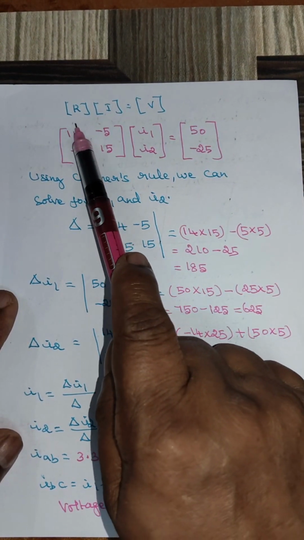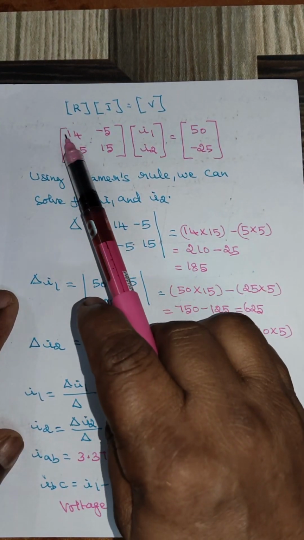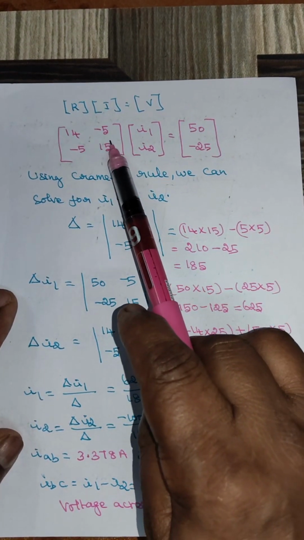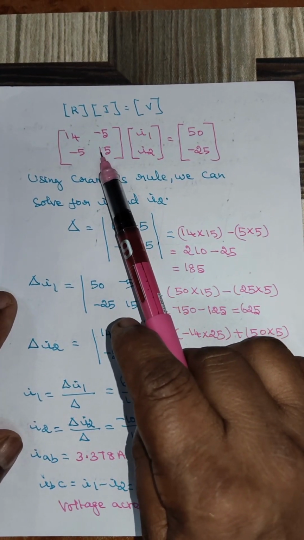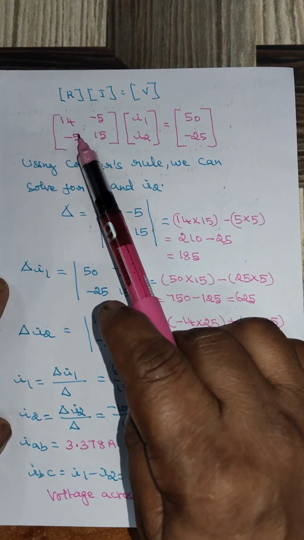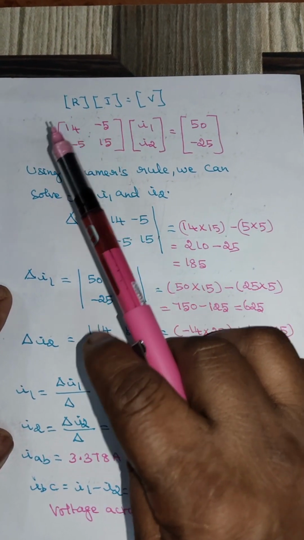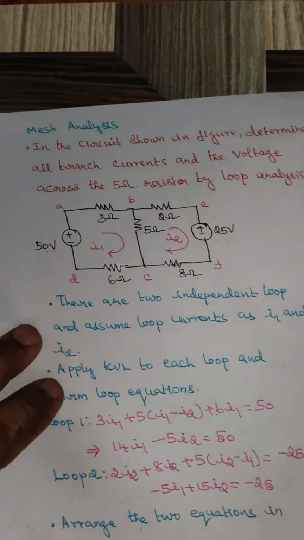This will be the sum of the resistances available in the first loop, and this will be the sum of the resistances available in the second loop, and these two will be equal in value, which is the common element between loop 1 and loop 2. You see, this is loop 1.